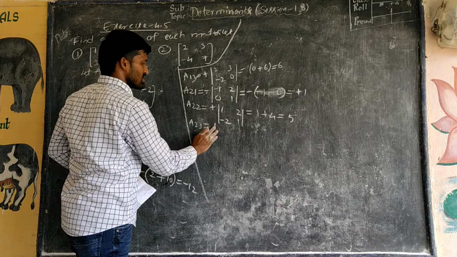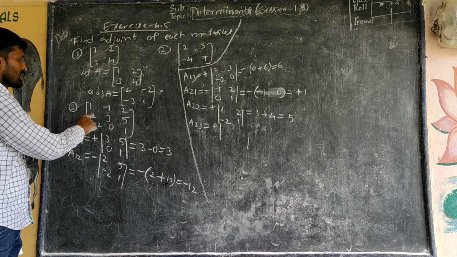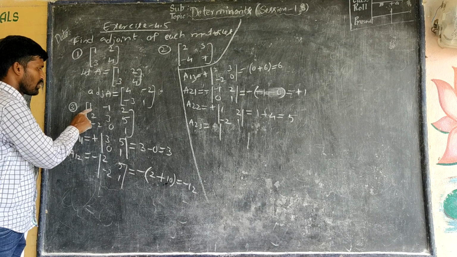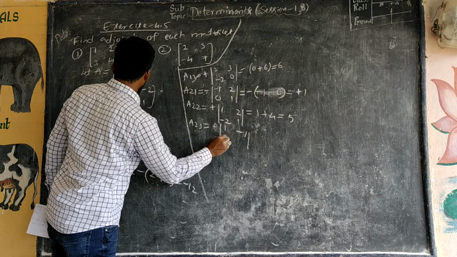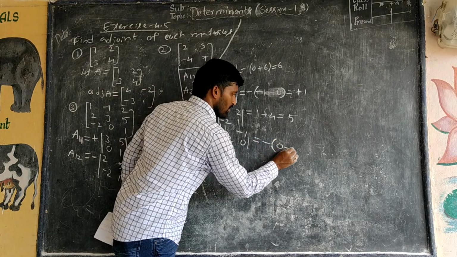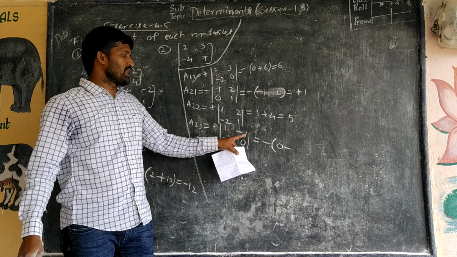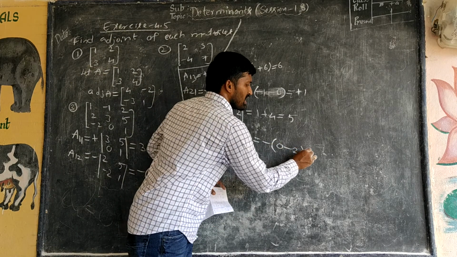Next A23, sign is minus. Second row, third column deleted. Remaining [1 -1; -2 0]. Minus of 1 into 0 is 0, minus minus 2 into minus 1 is 2. Minus of minus 2, that is plus 2.